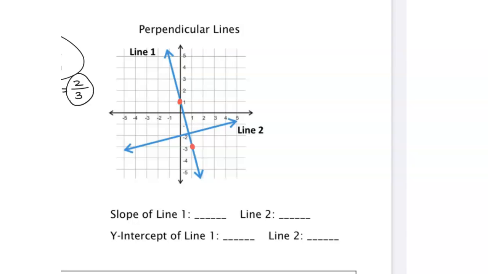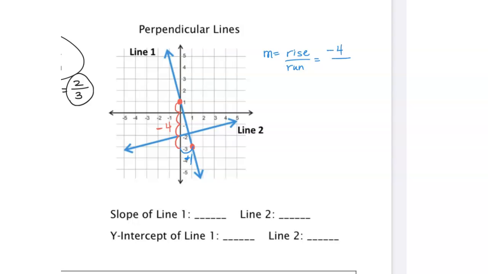So from this point, we will need to go down by 1, 2, 3, 4. So going down is a -4. But then we went to the right by 1, so that we denote as a +1. So when we're thinking about our formula rise over run, in this case we didn't rise, we fell, but we fell by a -4.